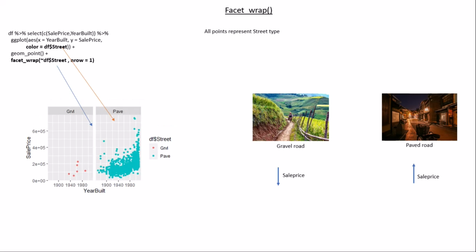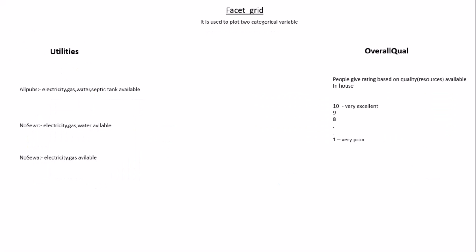When you run this, you get this graph, and as you can see it is clearly separated into gravel type street and paved type street. This is very clear and easy for our brain to digest. Facet wrap becomes more useful when there are lots of variables, and in that scenario you must use the facet wrap function. Now let's see facet grid.